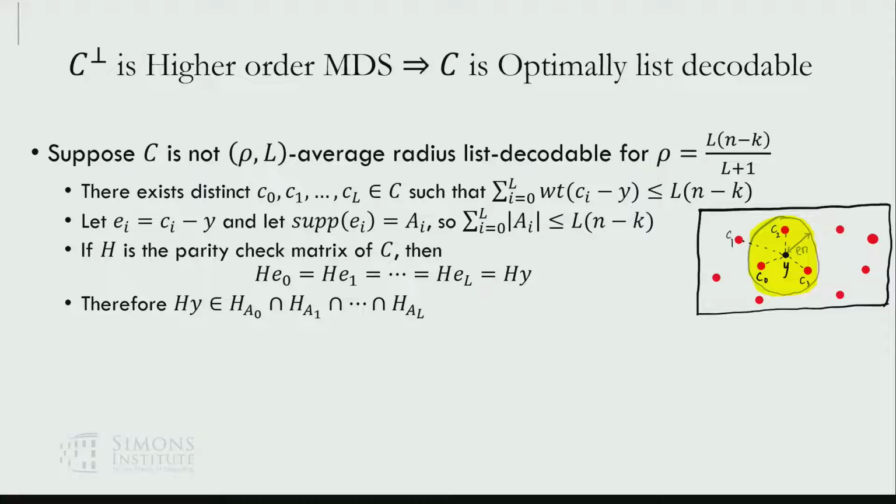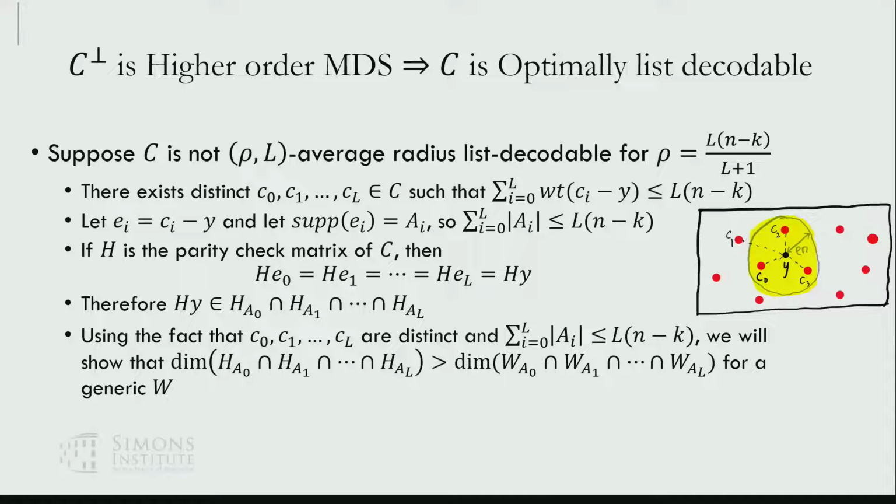And my claim now is that this vector, which is in all the subspaces, is a non-trivial intersection, which means it should not be there in the generic intersection. So I need to show that the dimension of this intersection is greater than the generic dimension. The reason this is true is that we have a formula for the generic dimension intersection, which is this quantity.